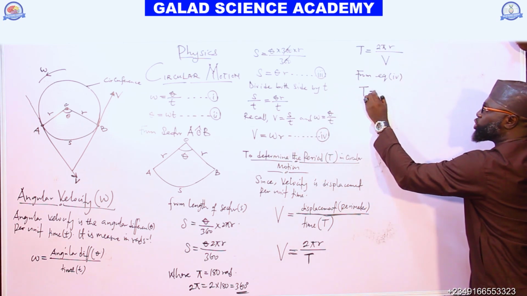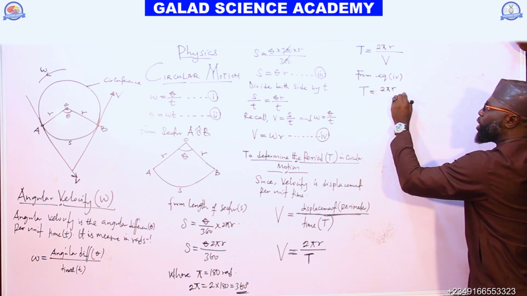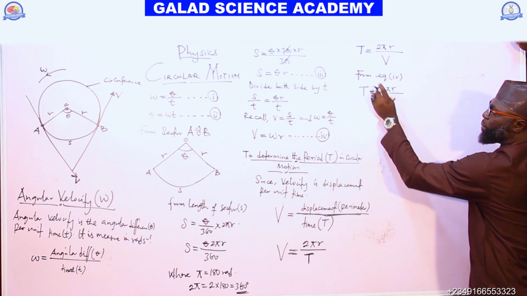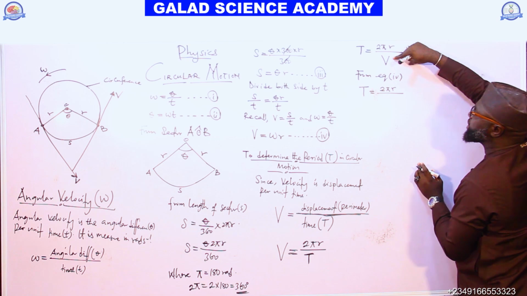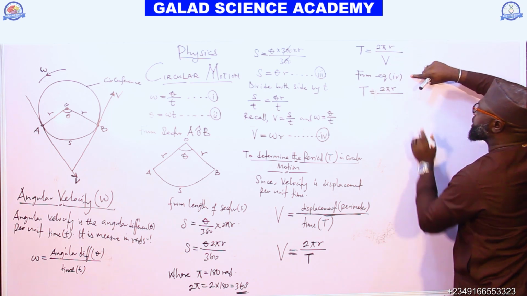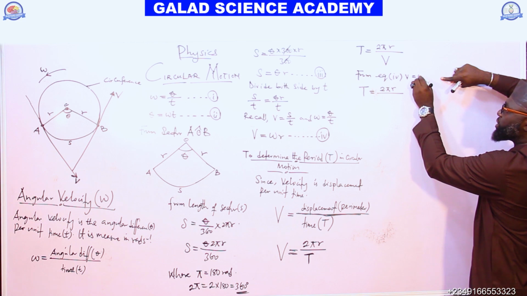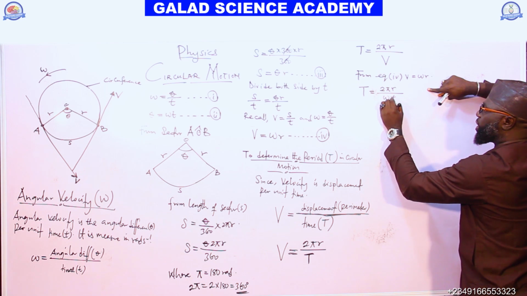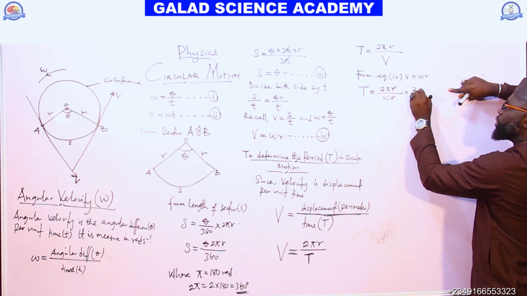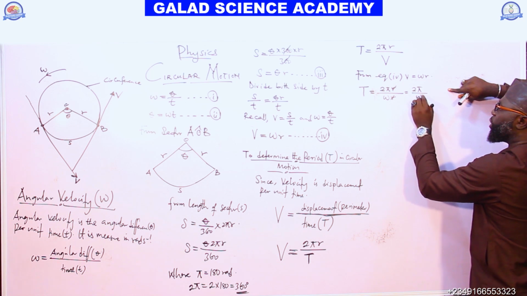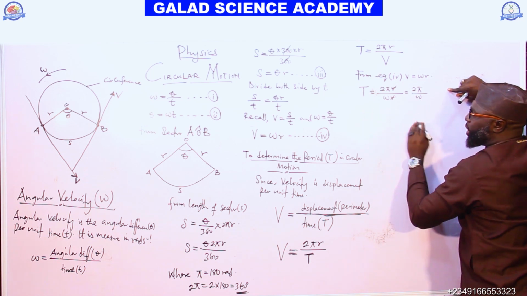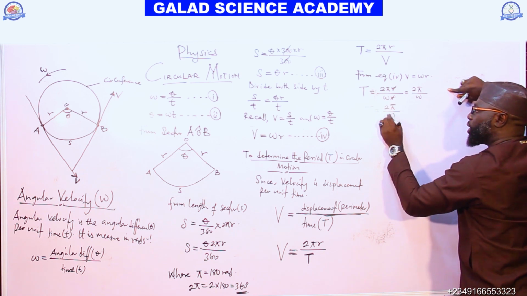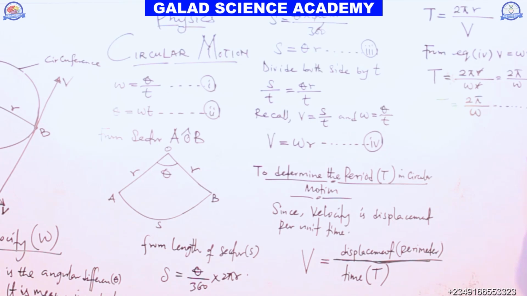You have t equal to 2 pi r over, from equation 4, velocity v equal to omega r. Then put it here, omega r. This r cancels this r. You now have 2 pi over omega. So our t equals 2 pi over omega.